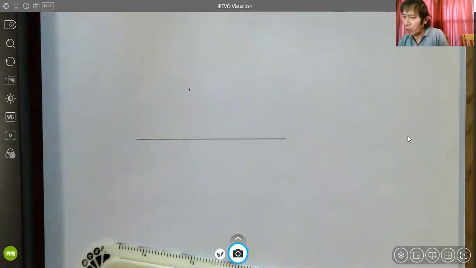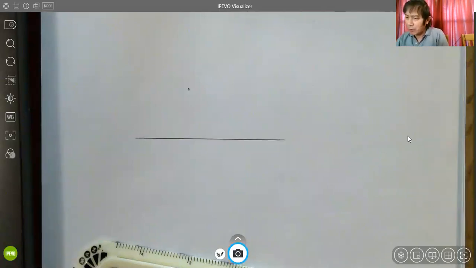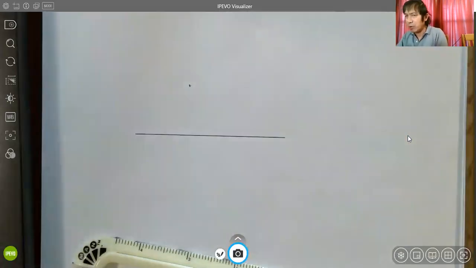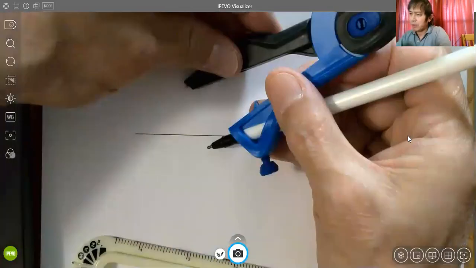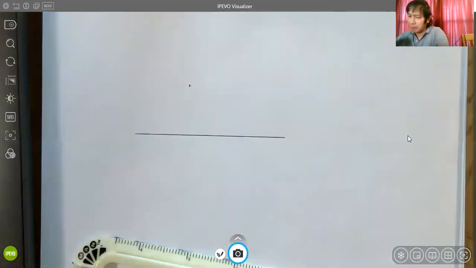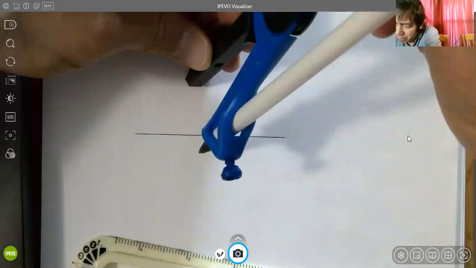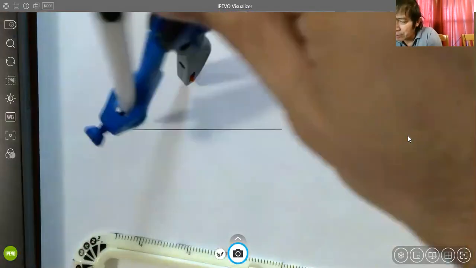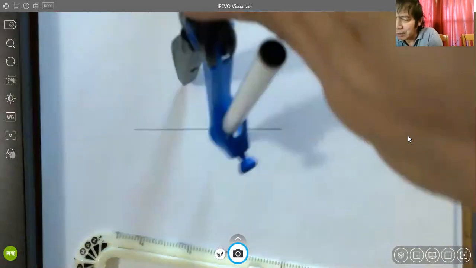Okay, all right, so we're going to adjust our compass radius in a way that it will intersect the line in two positions or in 2 points. Okay, so we're going to adjust this, all right, and then such that it will intersect our given line in 2 points.